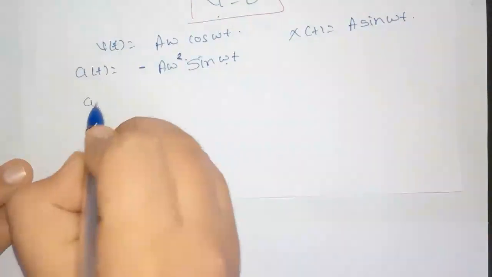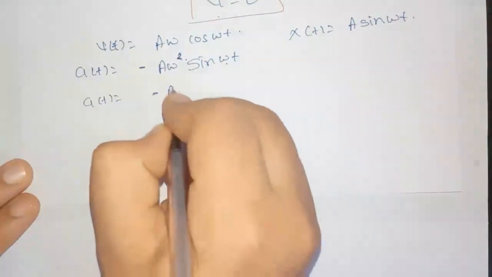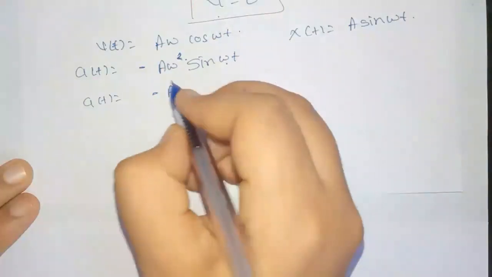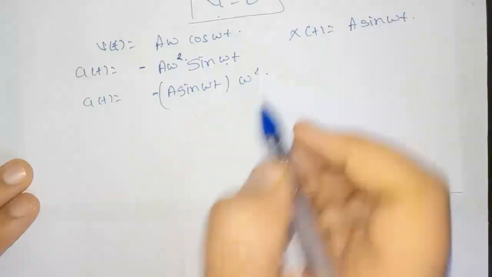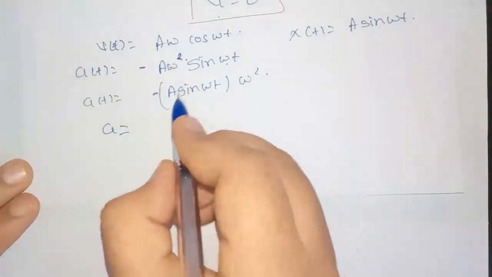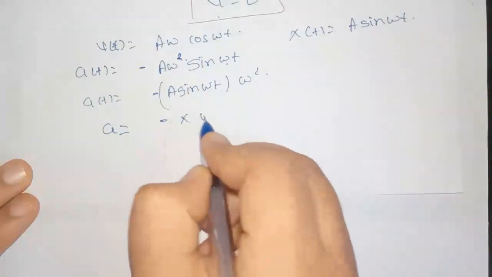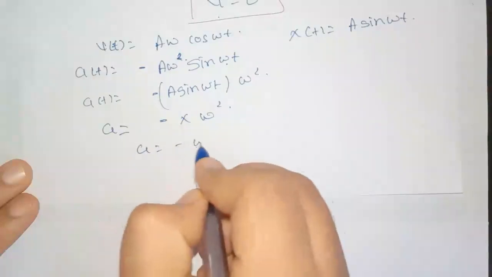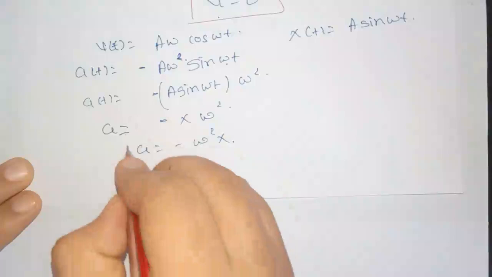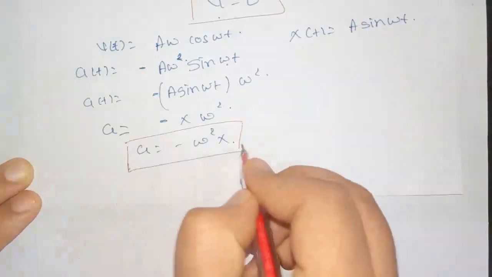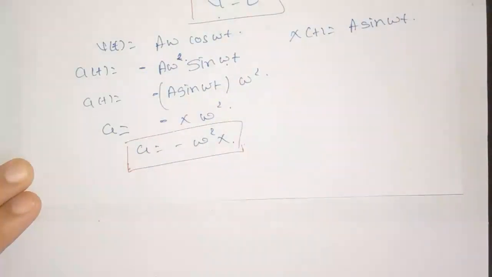So we can write a of t is equals to minus a sine omega t into omega square. So a is equals to minus omega square x. So this is the equation of acceleration with position.